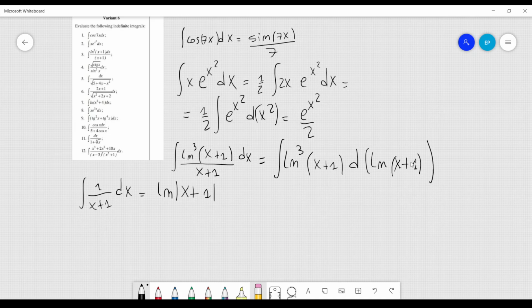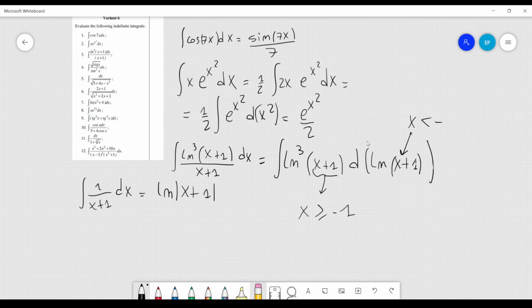but that's not really important in this case, because in order for the logarithm to exist, we know that x should be greater than minus 1. We are assuming that we don't need to put the absolute value here because if, for example, x is less than minus 1, then this logarithm would not exist.